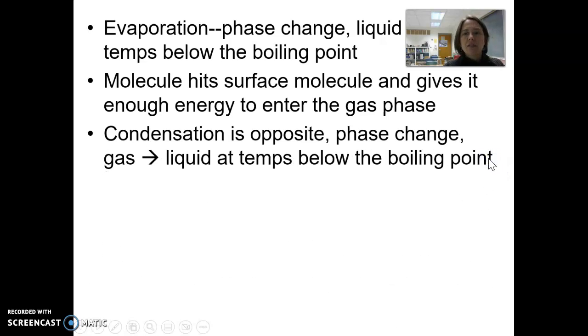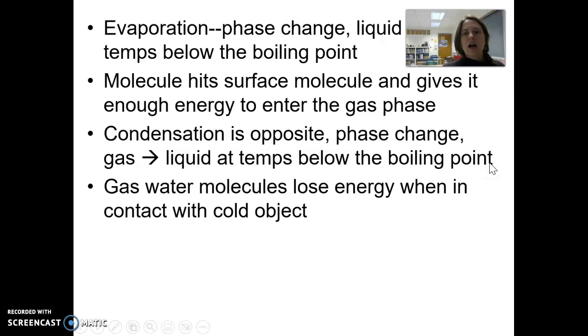Condensation is the opposite. It is a phase change from gas to liquid at temperatures below the boiling point. So what's going on here? Let's say water vapor in the air is condensing on a cold can of pop, and that is happening at a temperature well below the boiling point.